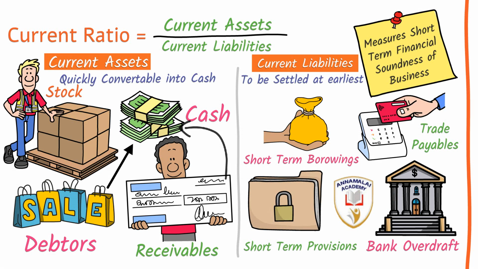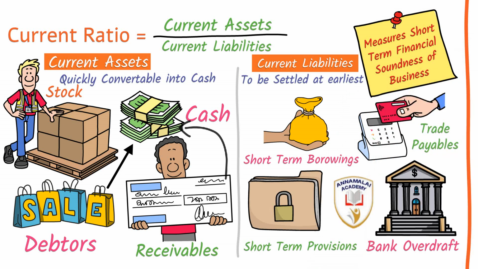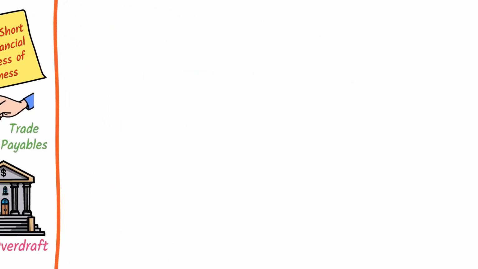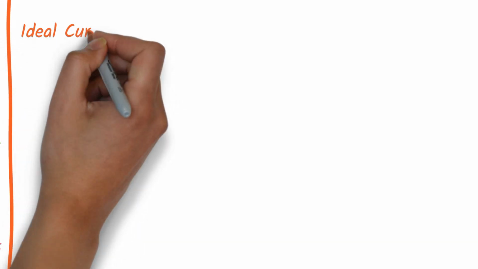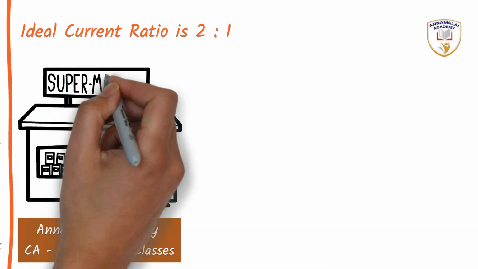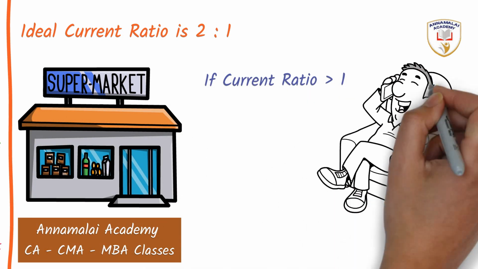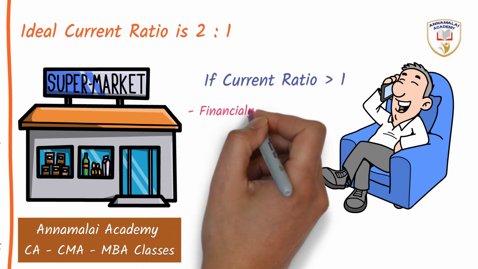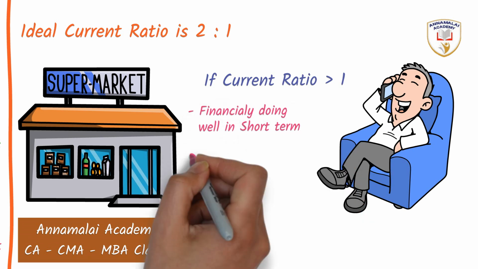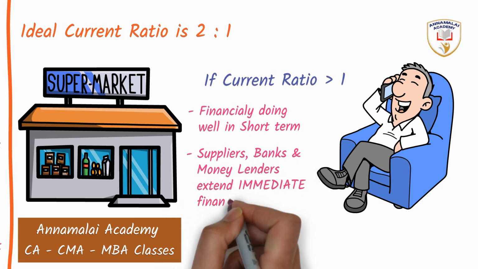So current ratio measures the financial soundness of the business in the short term. The ideal current ratio for any company is 2:1. If the current ratio is greater than 1, we can understand that the company is financially doing well and the suppliers, bankers, money lenders would be ready to extend the financial support.